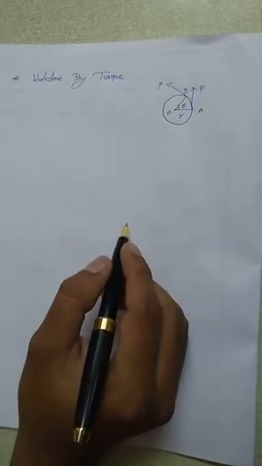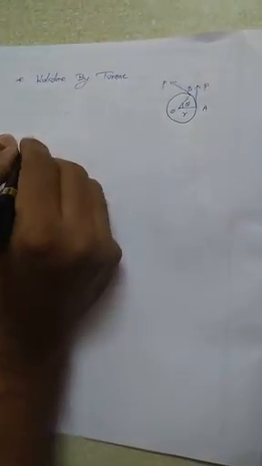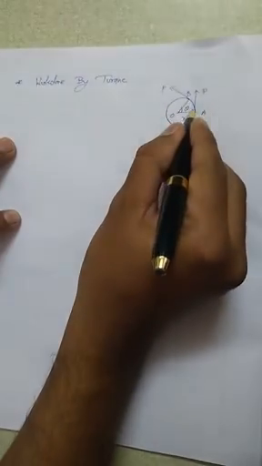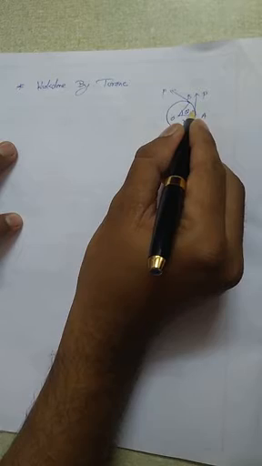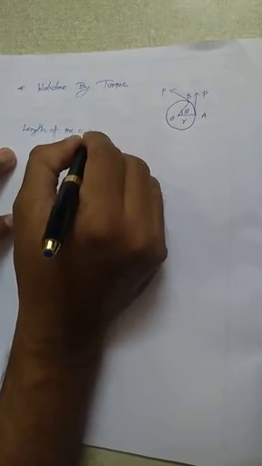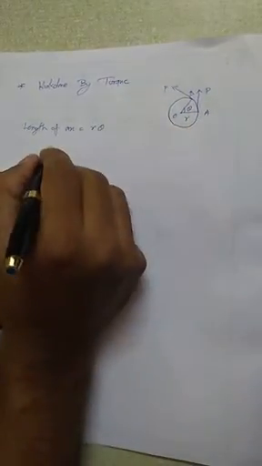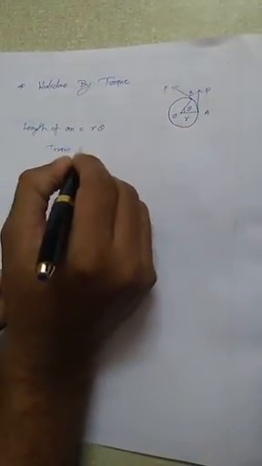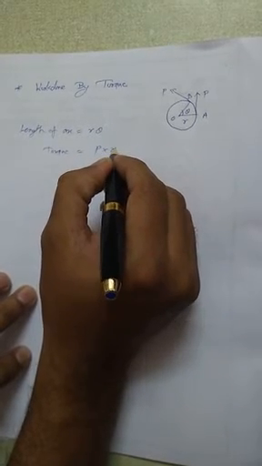So the torque we apply here is, first of all we will find out the arc length. The length of arc will be r into theta. So that is the length of arc. From this figure, the torque will be the force P into the radius.